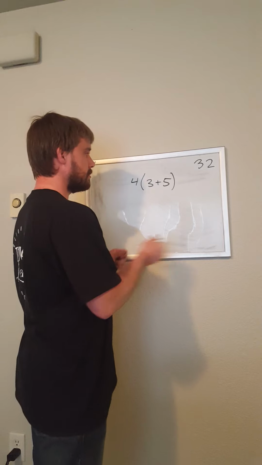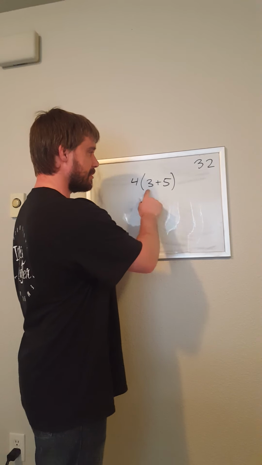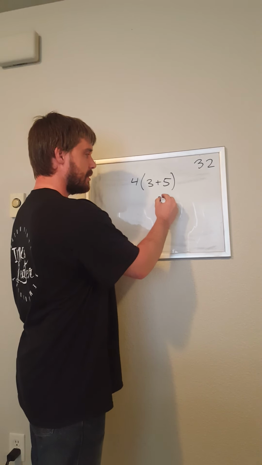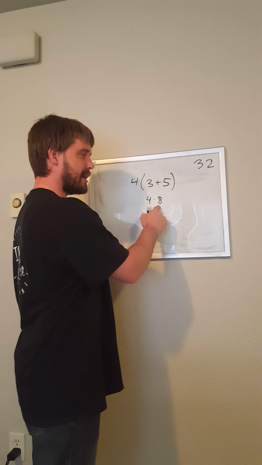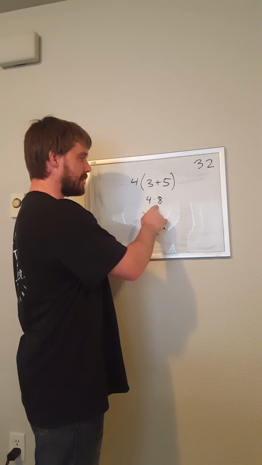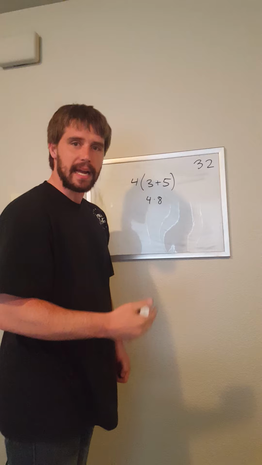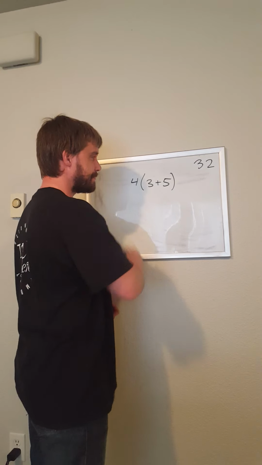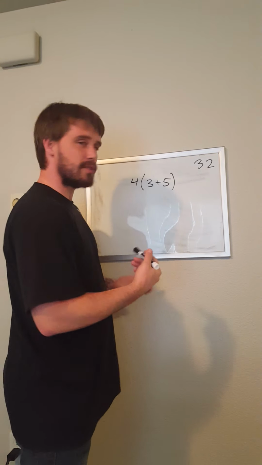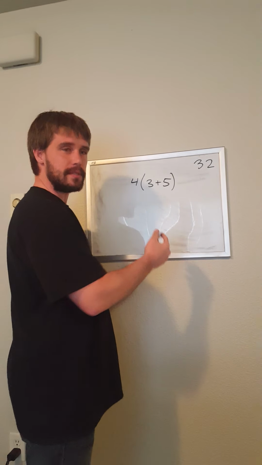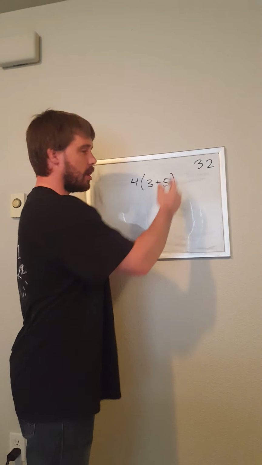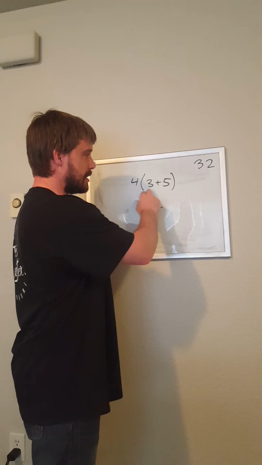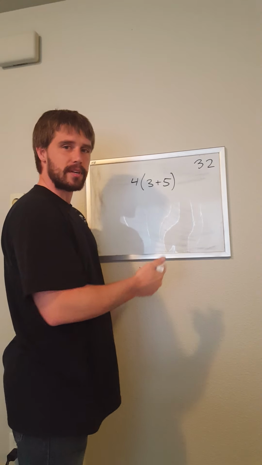So when we use the order of operations, we turn this into 8 first, and then that 4 multiplied the 8, which means it was multiplying really the 3 and the 5 combined. It was multiplying both of those numbers, and that's what we're going to do. So the distributive property allows us to distribute the 4 amongst all of the members inside of this expression.